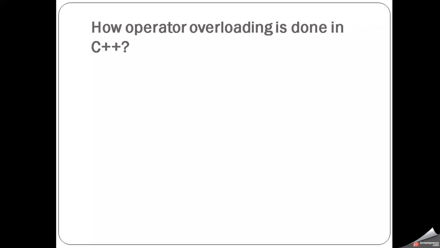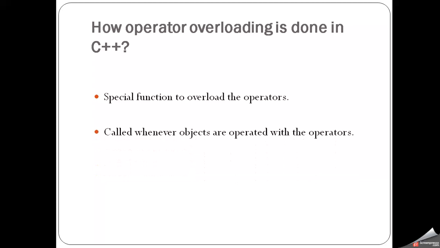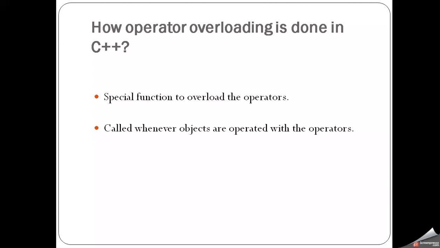Now let's look at how operator overloading is done in C++. In order to perform operator overloading in C++, there is a special function, we call it the overloading function. The function is called whenever objects are operated with operators.